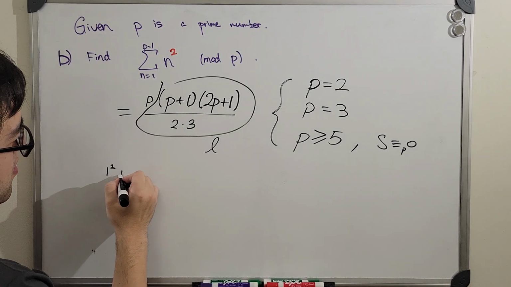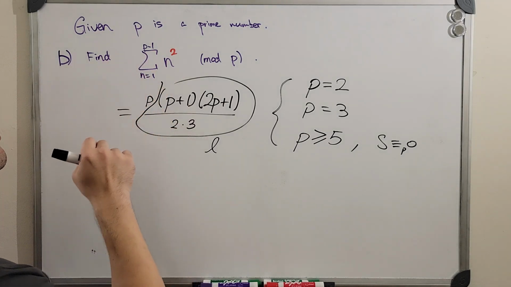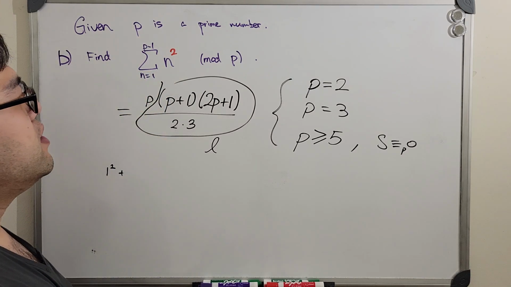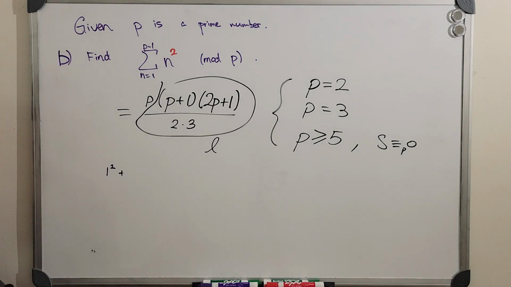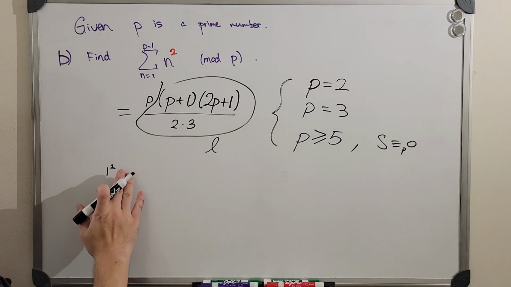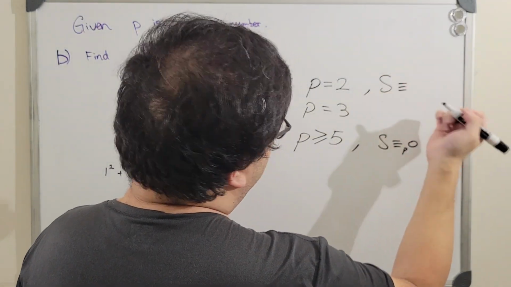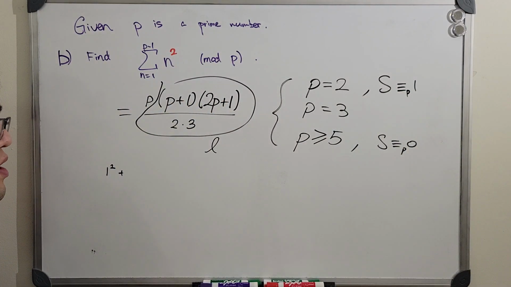There's no more, because if p is equal to 2, the last term will be 2 minus 1, which is 1, in other words, the last term will just be the first term. Therefore, when p is equal to 2, the sum is just equal to 1 itself, which is congruent to 1 mod p.